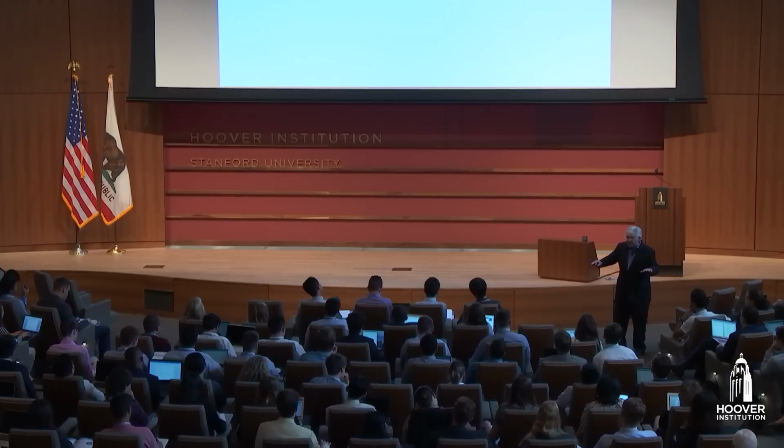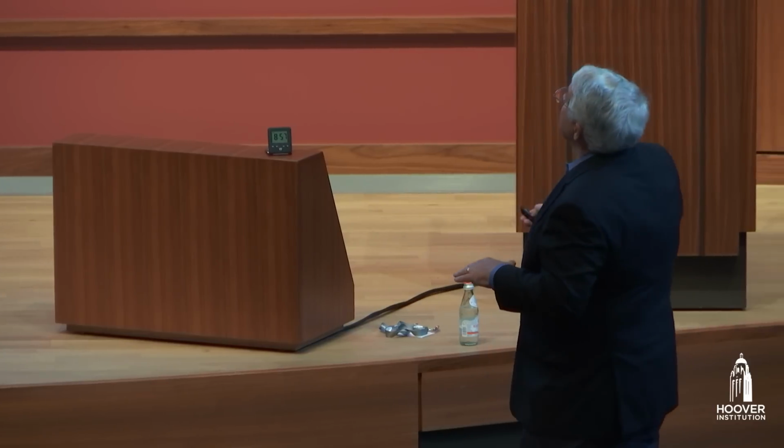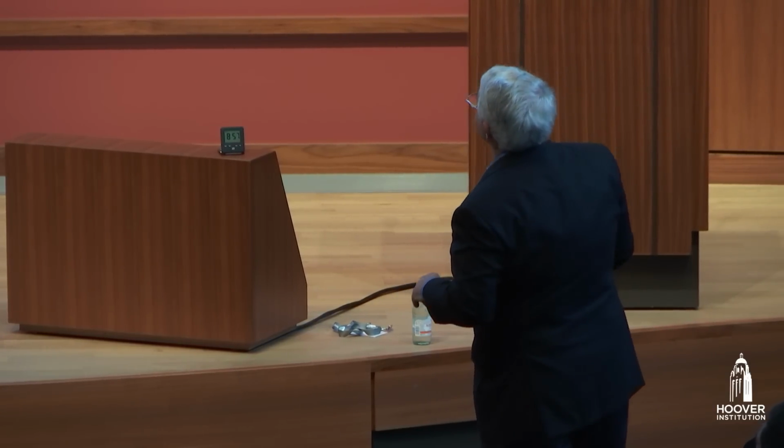So even though the zero bound exists for the short rate, the federal funds rate, it doesn't exist for longer term treasuries. And so they figured, well, if we buy those, we'll be able to drive the interest rate down. I'll show you that with this picture.